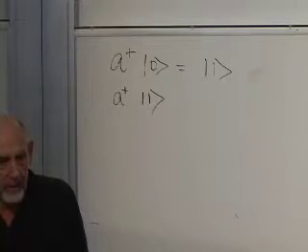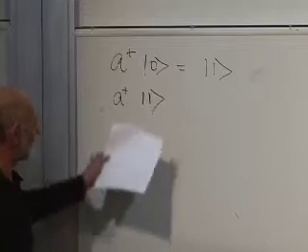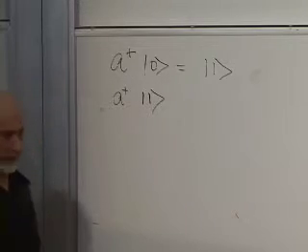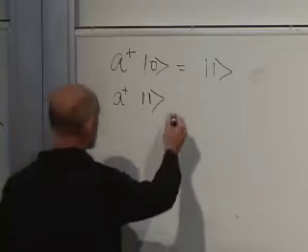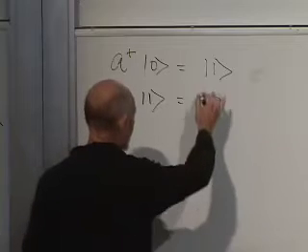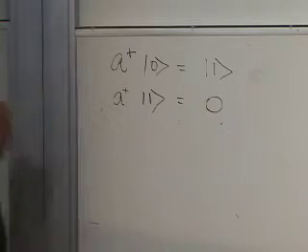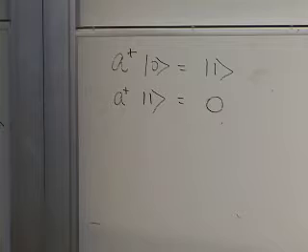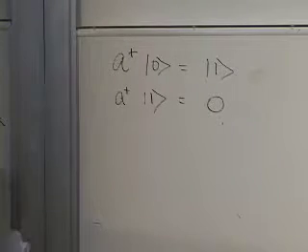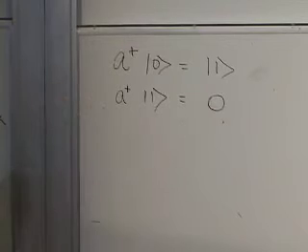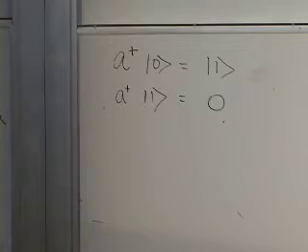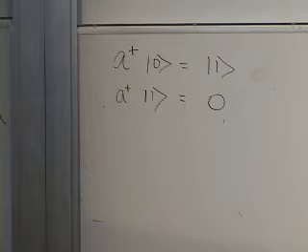Zero. Now, zero does not mean the state with no particles. It just means the zero vector. It doesn't mean anything, or it is just not a vector at all. It's a non-state. Yeah, they're all linear operators.